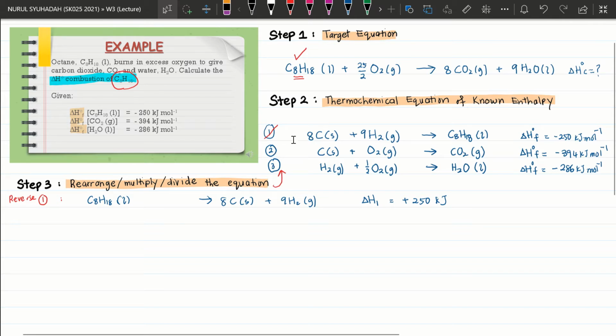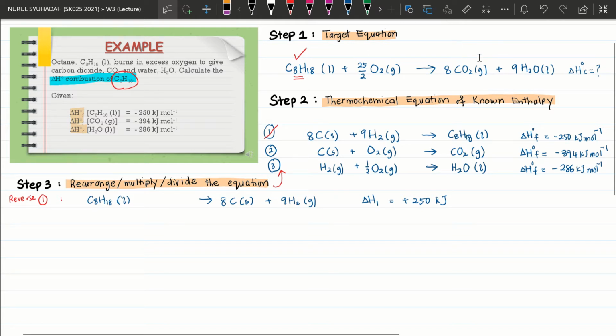If we have 3 equations here, on step 3 you will also have only 3 equations, not more, not less. Now the next thing is oxygen. The equations that we haven't used are equation 2 and equation 3, and both have oxygen. So leave oxygen first and move on to the next one.